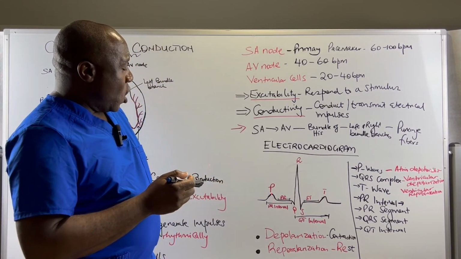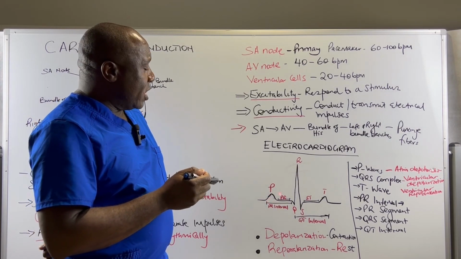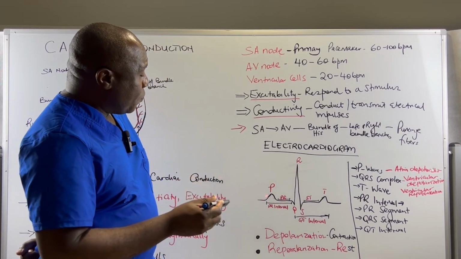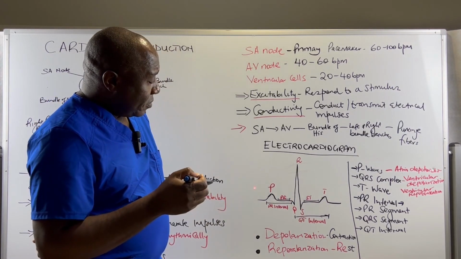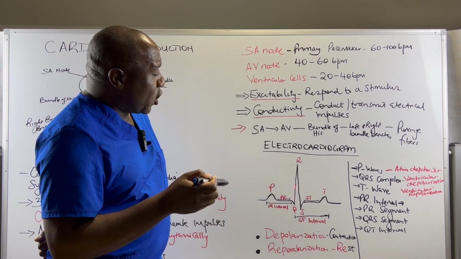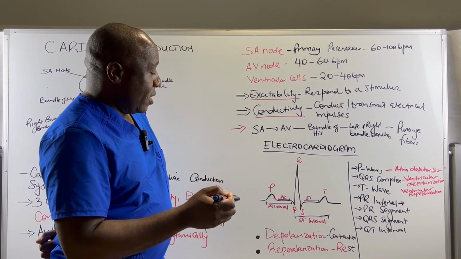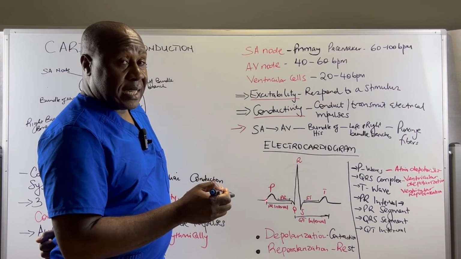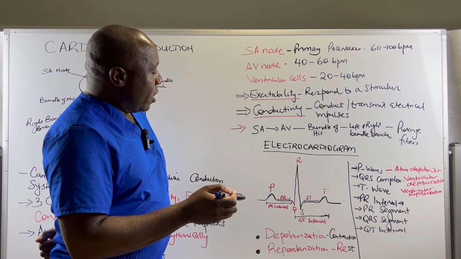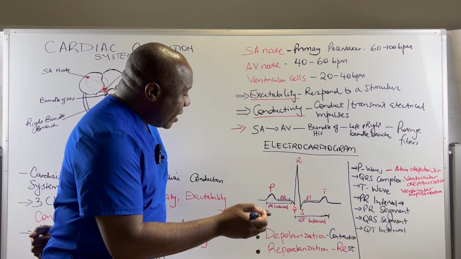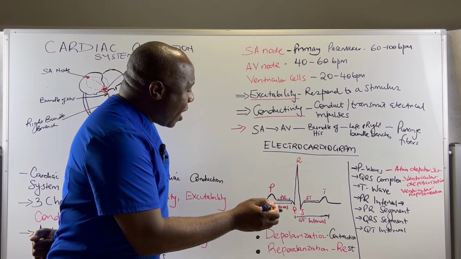You might ask, what about the P wave? When the atria relax, what shows the atrial relaxation? Now, remember, when the ventricles contract, the atria relax. So the wave for atrial relaxation is buried in the QRS complex.